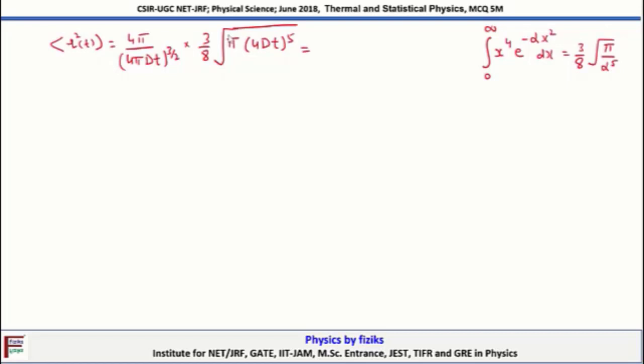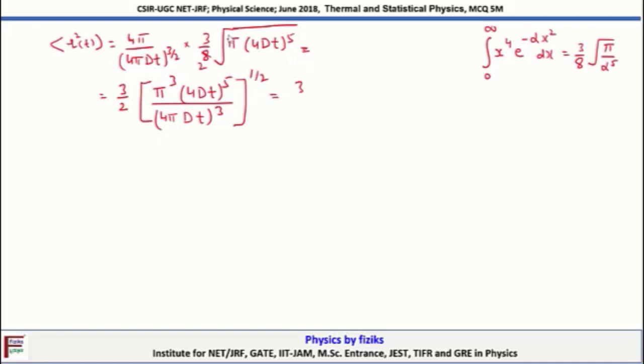after cancelling some of the terms here, let me give these details to you. This can be rewritten as, it will be cancelled with 4, so we will be left with 3 by 2, and then inside the brackets it is pi cube and (4Dt) power 5 divided by (4 pi Dt) cube, all to the power 1 by 2.